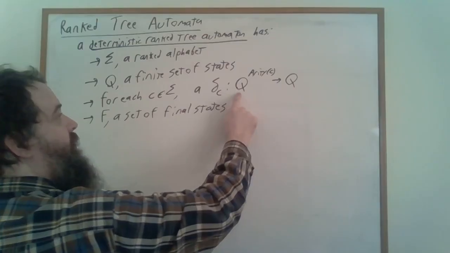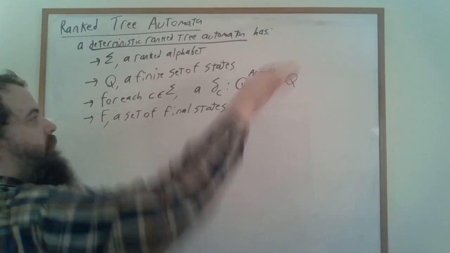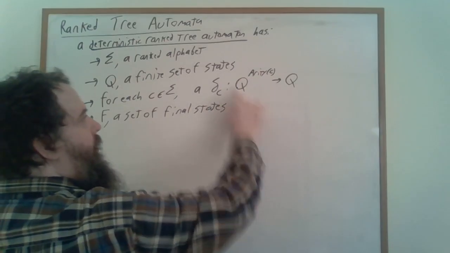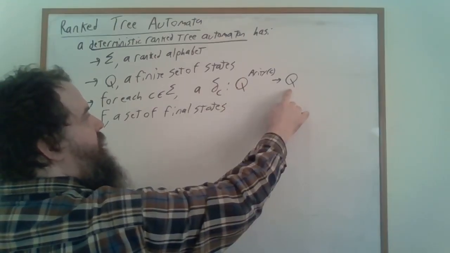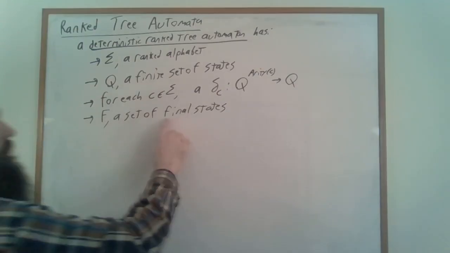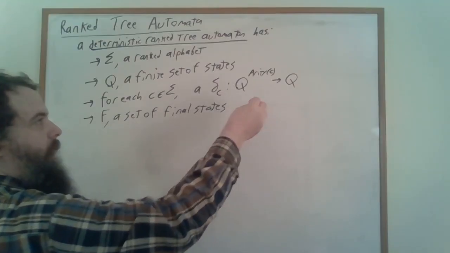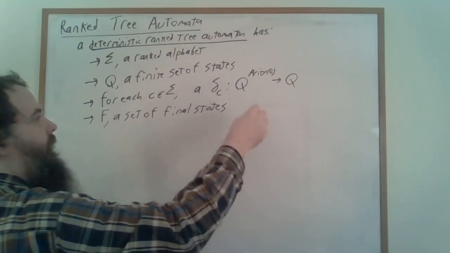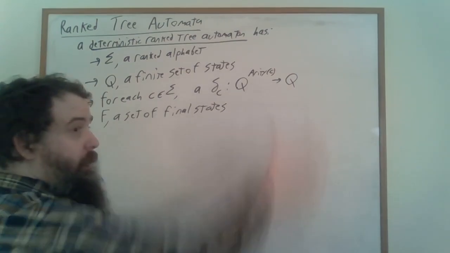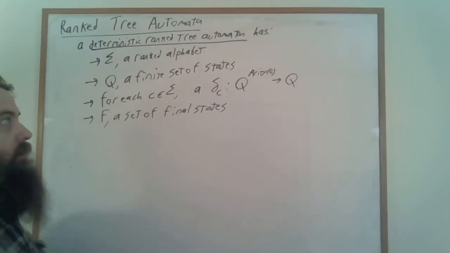Each one of those is going to get a state assigned to it as we work our way up from the bottom of the tree. And this function here tells us, given all of those states, what state we should assign to the node labeled C. And then we have a set F of final or accept states, and when we work our way all the way up to the root and work out what state to assign it, if we assign it a state in the accept states, then we say that we accept the whole labeled tree, and if not, we say we reject the whole labeled tree.